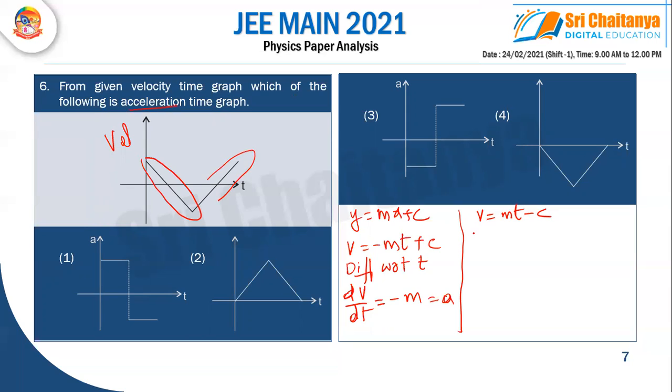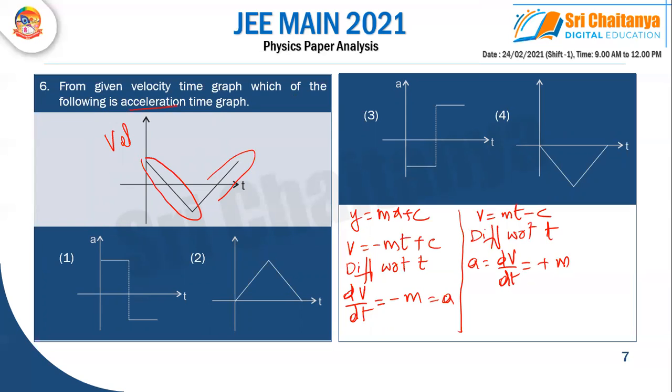Again I do the same, differentiate with respect to t to get acceleration, and acceleration equals dv by dt equals plus m.